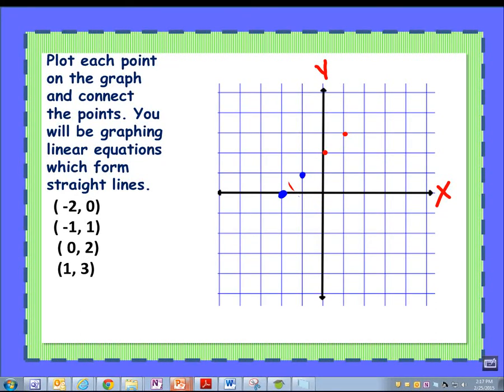Then I have 0, 2. So I'm not going left or right on the x-axis. Is this ringing a bell for you all? Then I go up 2. 1, 2.